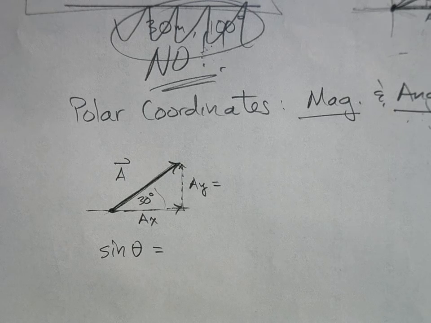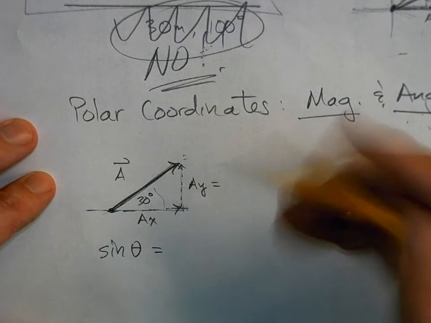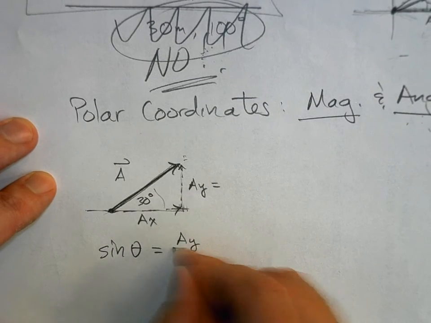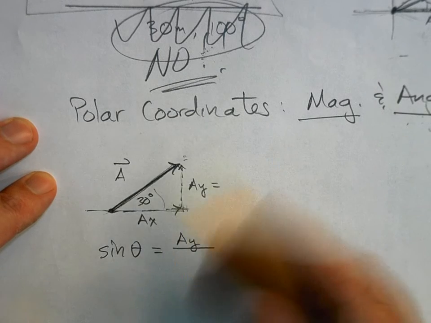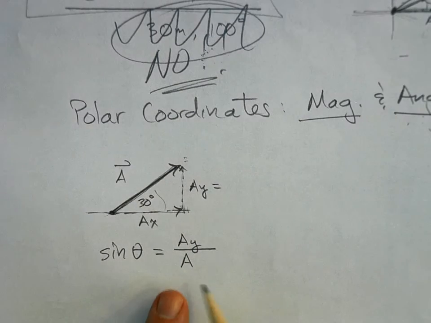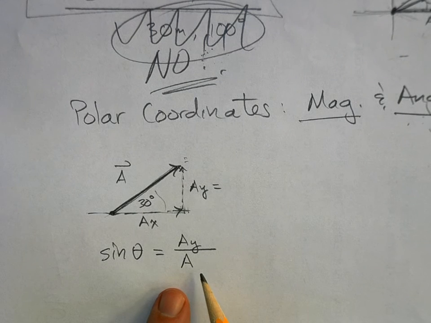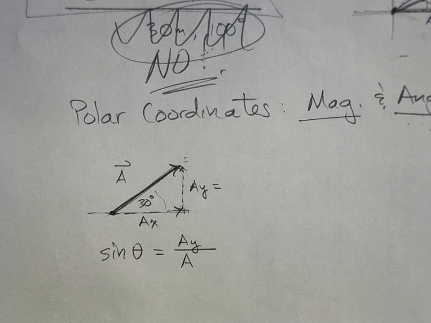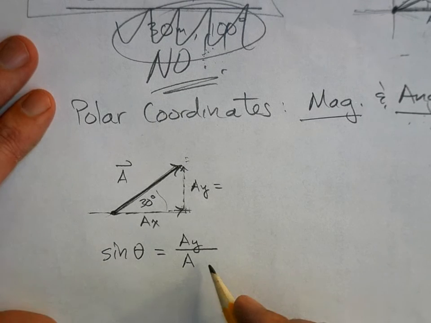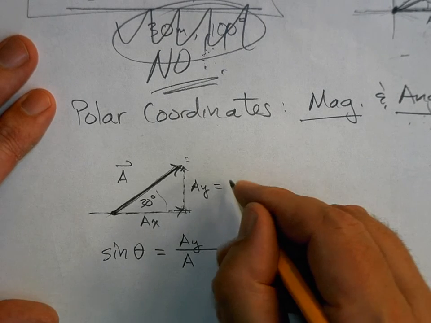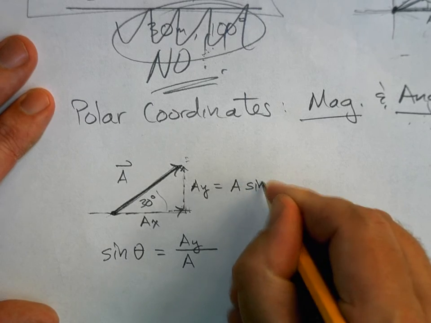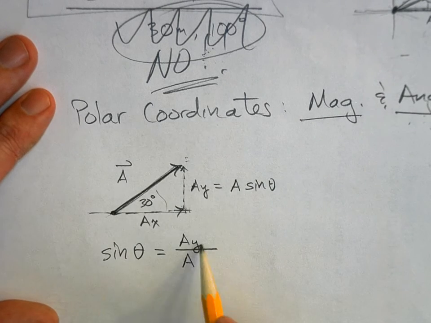Sine, by definition, is the opposite leg of a right triangle divided by the hypotenuse. Now I'm just going to write it as A. That's the total, that's the magnitude. That's the 20 meters. So A in the y, therefore, is equal to A sine theta. I just multiply both sides by A to get A in the y.